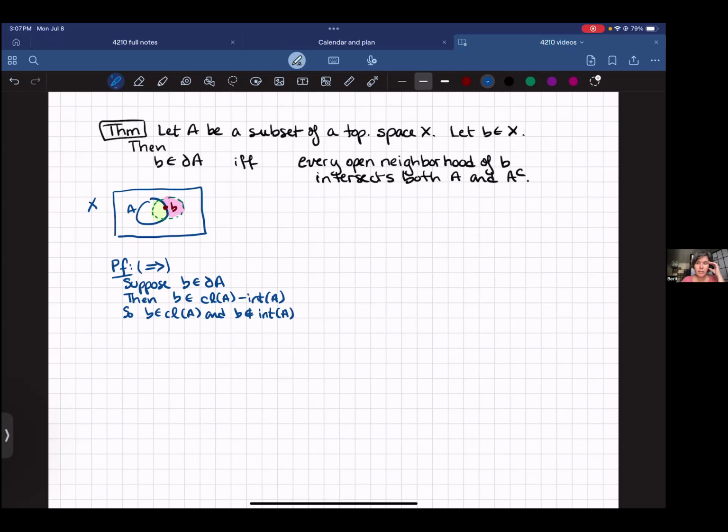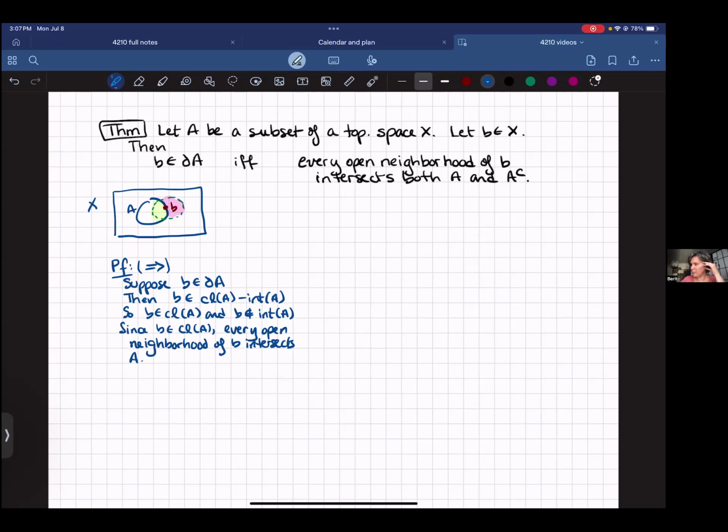Now we have a previous theorem about if B is in the closure of A. So since B is in the closure of A, every open neighborhood of B intersects A. That's a theorem we have about the closure: a point is in the closure if every open neighborhood of it intersects A. So we're partway to proving what we want to prove.